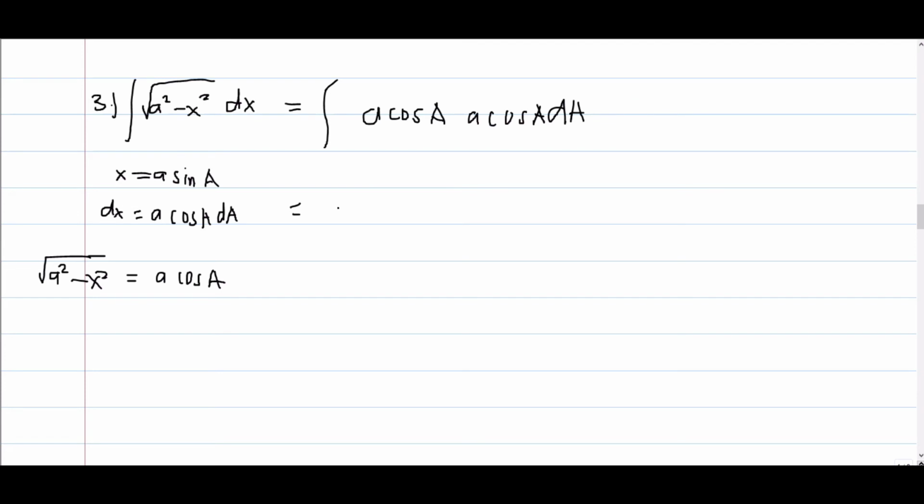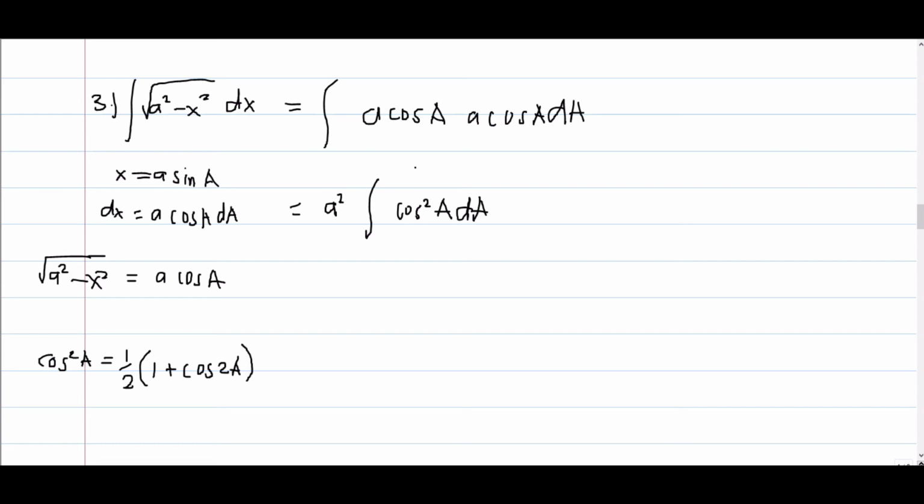So we have a squared, then the quantity of cosine squared θ dθ. And by trigonometric identities, cosine squared θ is equivalent to 1/2 of 1 plus cosine 2θ.